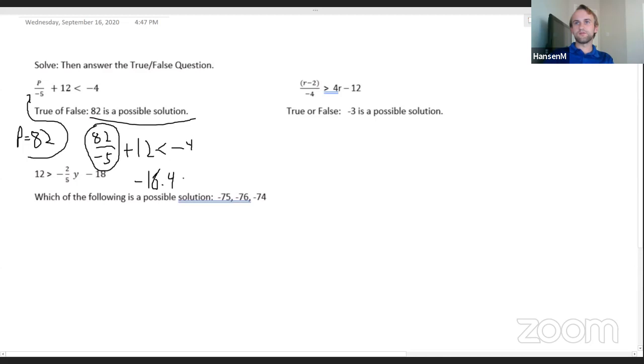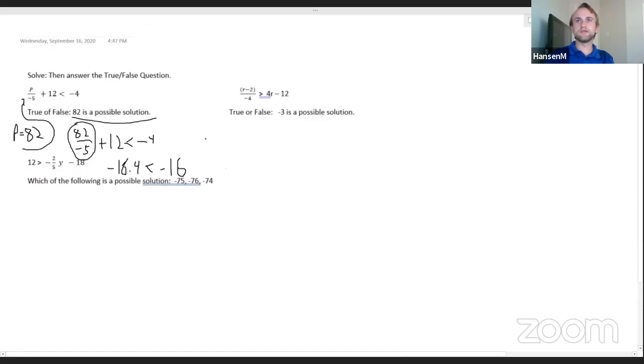And -4 minus 12 is -16. So we get -16.4 is less than -16. So we would say true, that's a possible solution.